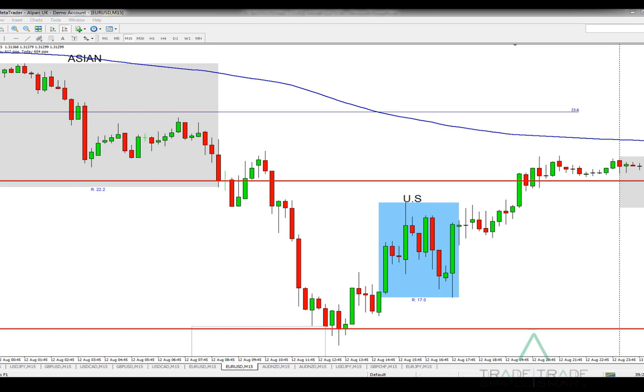So in this example, we're looking at the euro dollar, and we've identified 2 possible manipulation areas. Now, if we take a look at what happens at the first zone, we see that smart money pushes prices beyond the level, and we receive our first stop run candle.